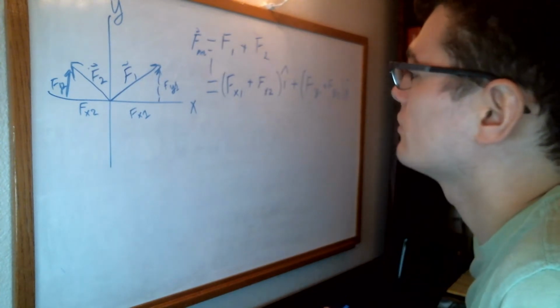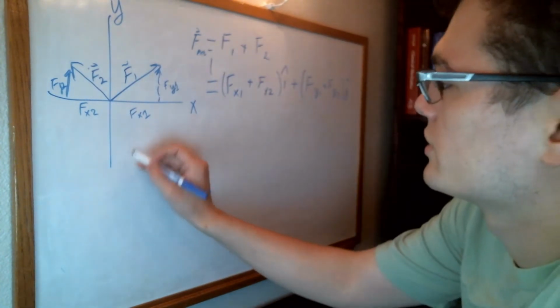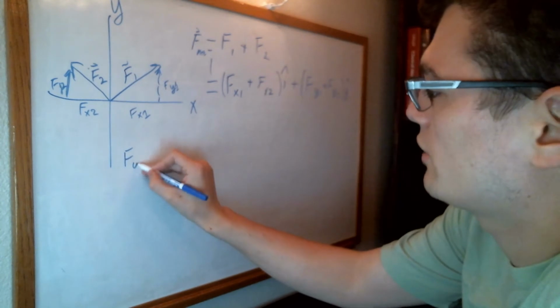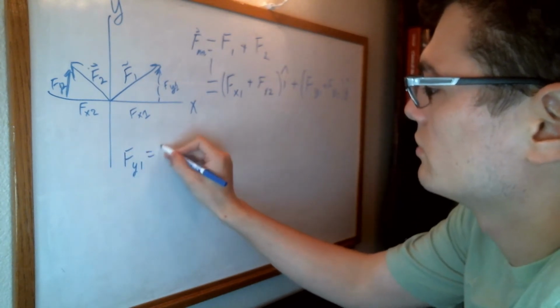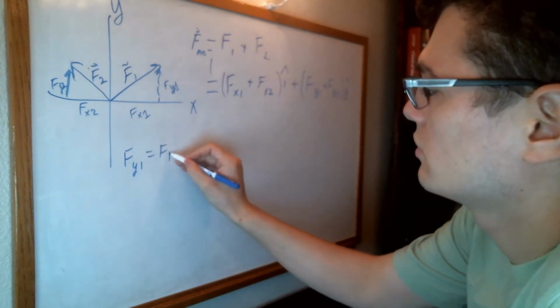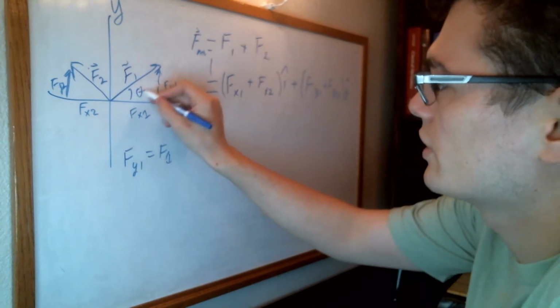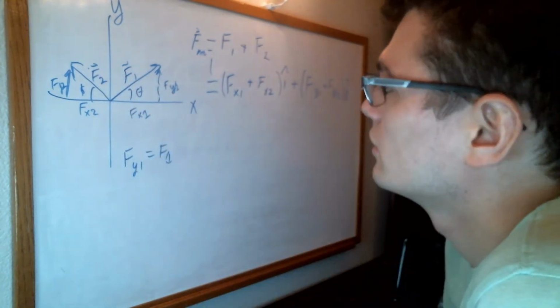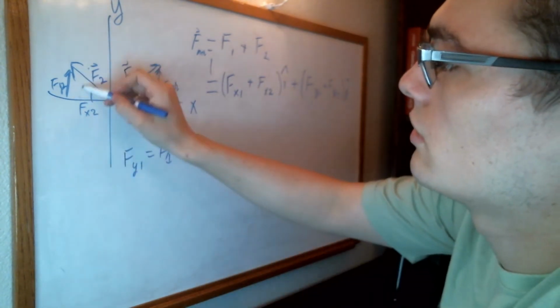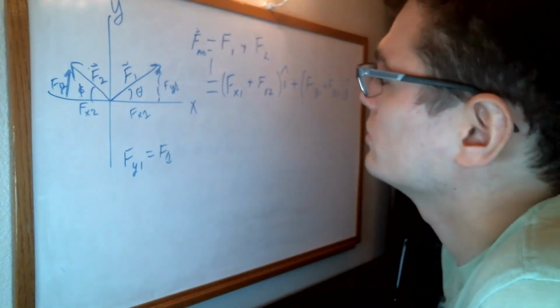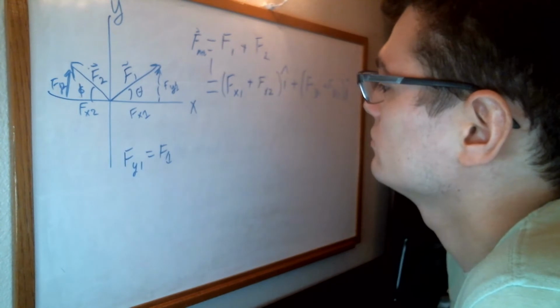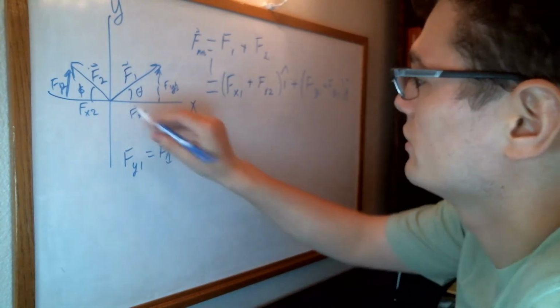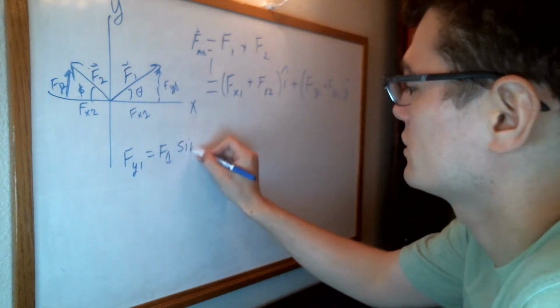So then real quick we can say that Fy1 is going to be equal to F1, and so this is our theta. We're going to take this angle to be phi here. I'll write that again. So we can do this as F1. This is opposite, so this is sine of theta.